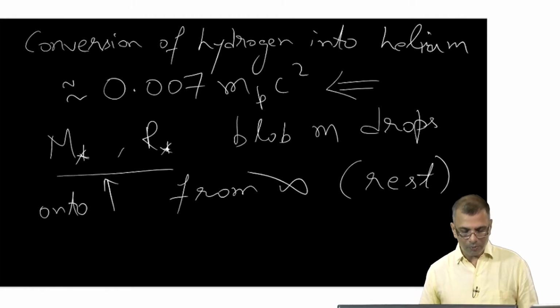Now, what kind of energy would we expect to be released? You are essentially converting the gravitational potential energy, so let us simply estimate it.